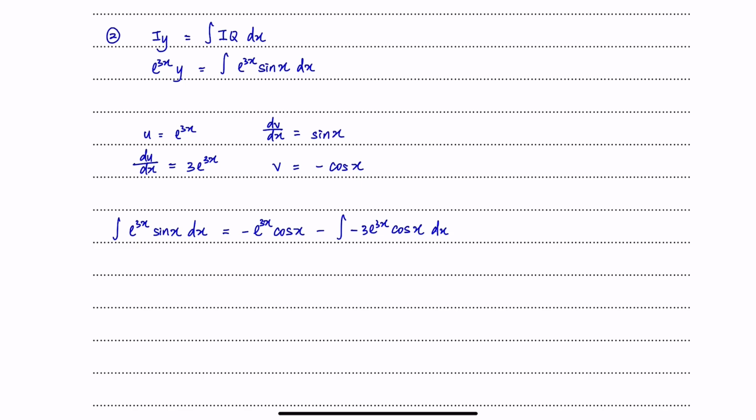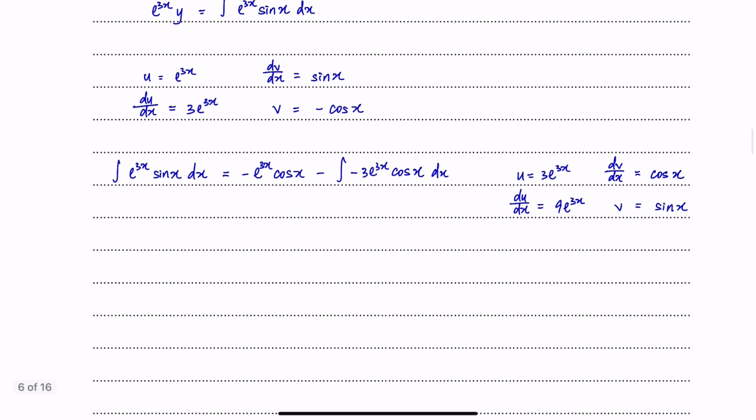So we would write u as 3e to the 3x, and dv/dx is cos x. So du/dx will be 9e to the 3x, and v would be sine x.